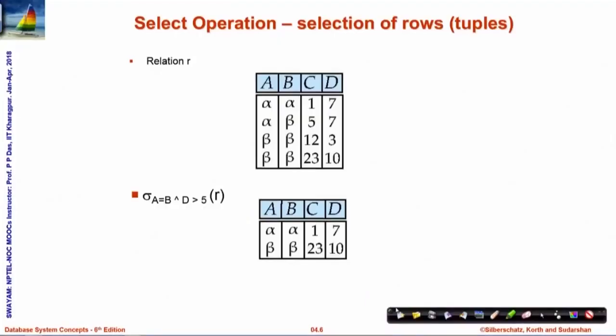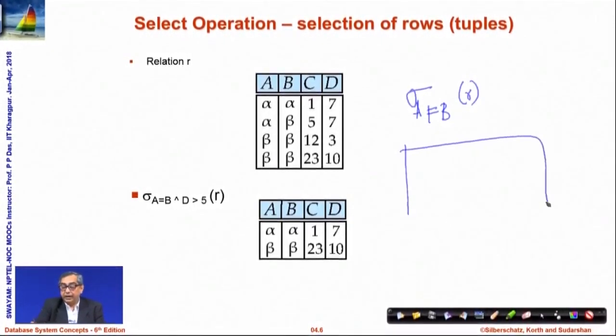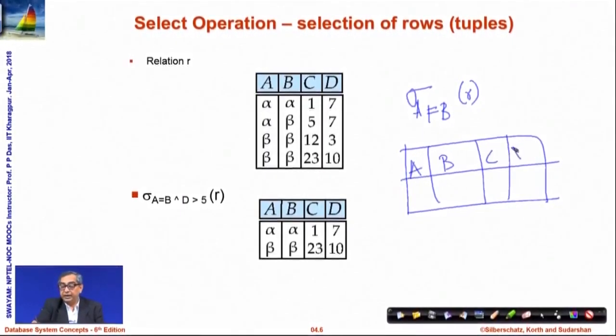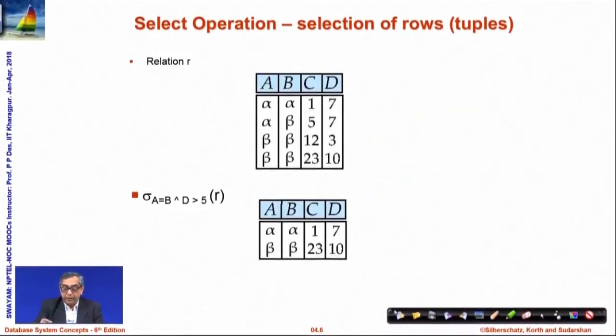For example, if on the contrary we say sigma A not equal to B of R, then naturally I will have a relation with fields A, B, C, D, and that relation will be only this row, because that is the only row where A is not equal to B. I can have a selection saying R where C is greater than 0.